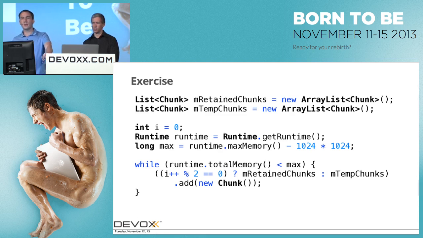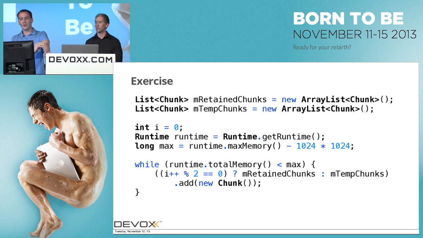Then we look at the maximum memory coming from the Runtime class. Max memory will tell you the maximum size that your heap can be. On the Nexus 5, like I said before, it will be 192 megs. So we're setting our max at the max memory of the heap minus 1 meg. And then we use total memory to know how big the heap currently is.